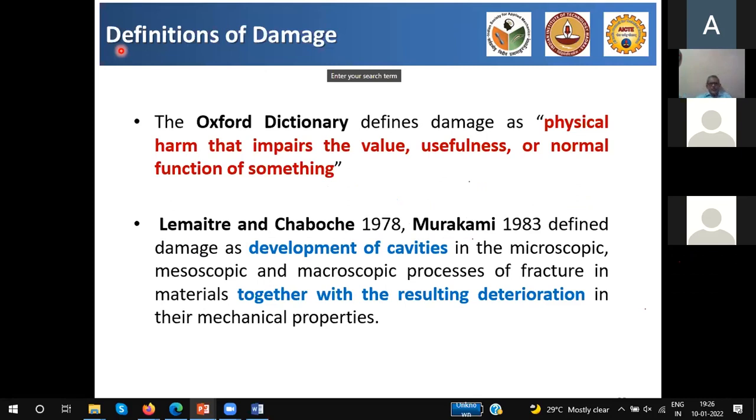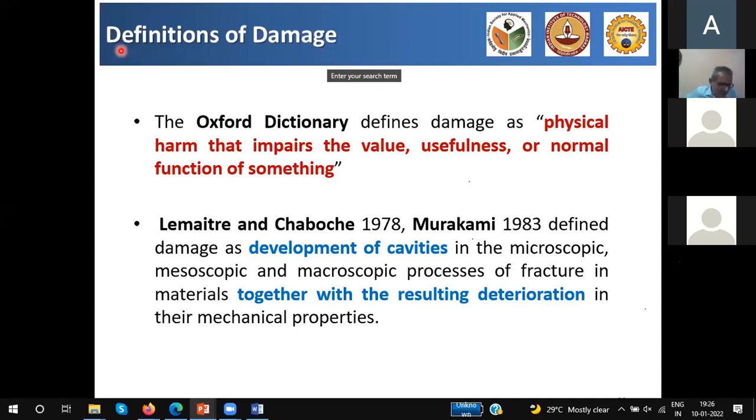Even as we were looking into various concepts of damage in the literature, we find that the term damage has been used ubiquitously by different people meaning different things. And unless you really define precisely what you mean by damage, it's difficult to talk in the same language with different people. And that's a basis for development of various things.